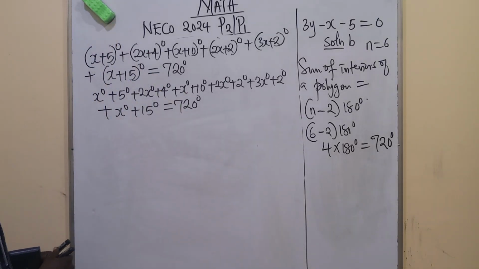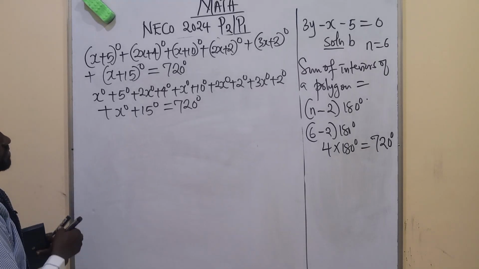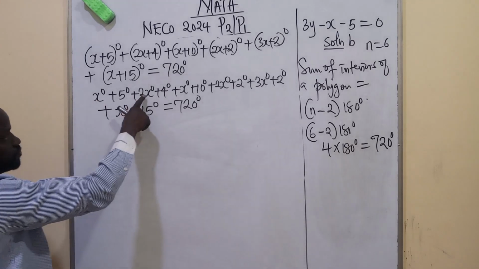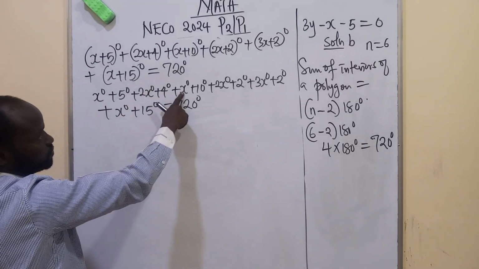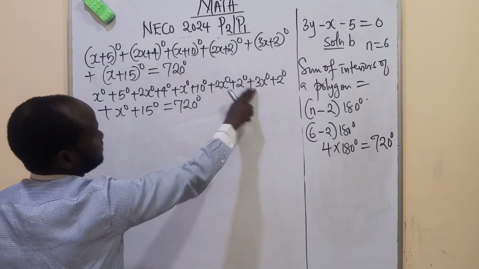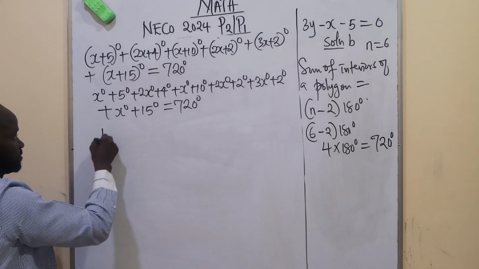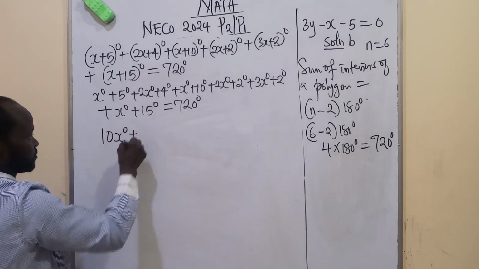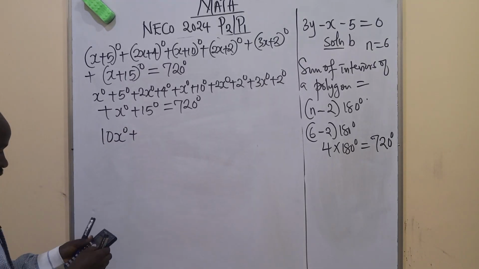Next thing to do, let's add the variable x. x degrees plus 2x, this will be 3x, this will be 4x, this will be 6x, this will be 9x, and this is 10x degrees. Let's sum the numbers now.